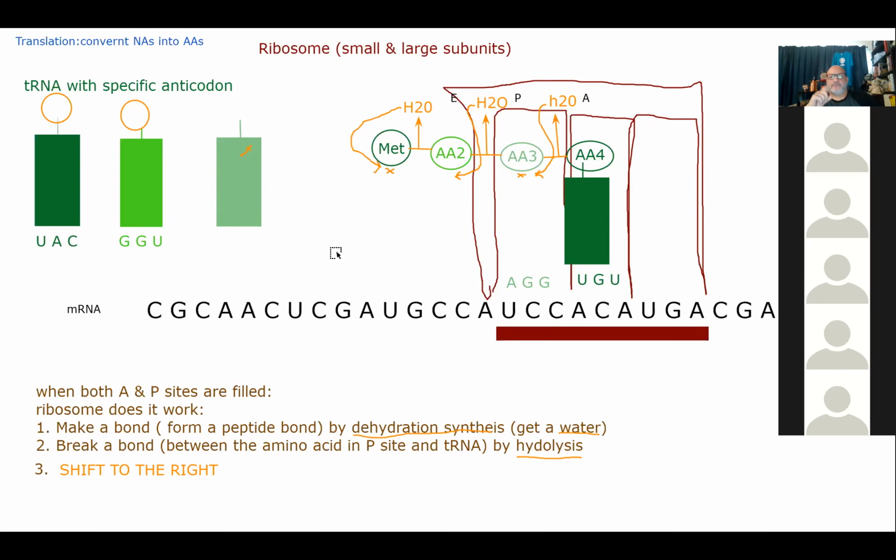We're going to run into a stop codon. What were the 3 possible stop codons again? UAA, UGA, and UAG.